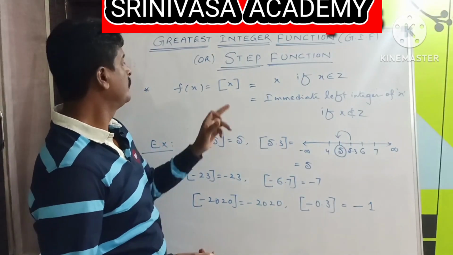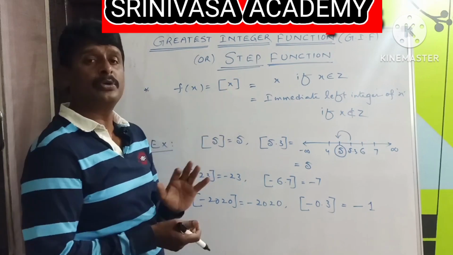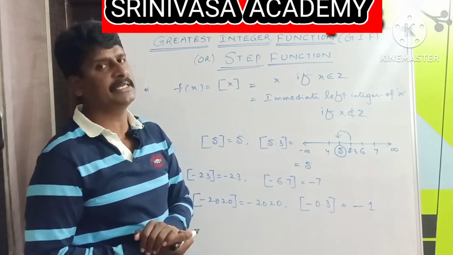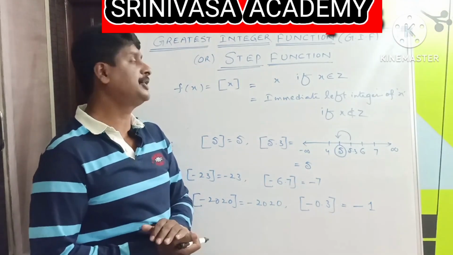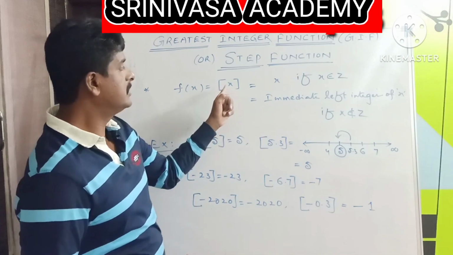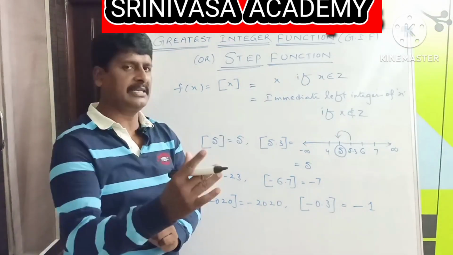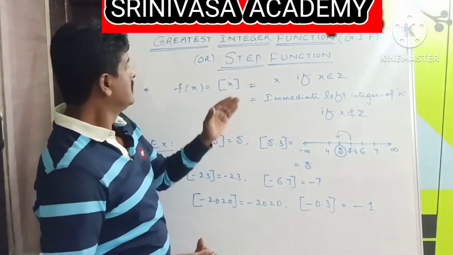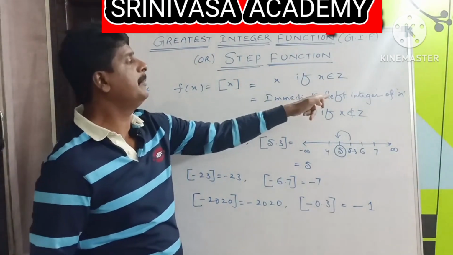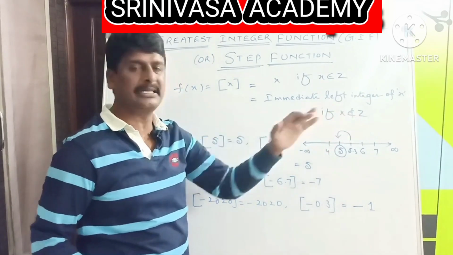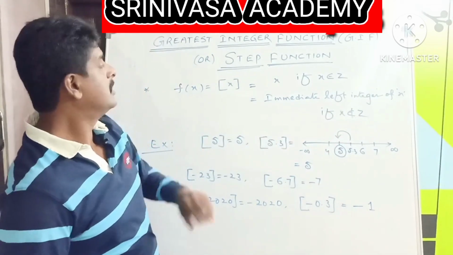Read as step x, and most of the people will feel difficult while defining a step function, but I would like to explain you in a simple method. That is, step x is equal to x as it is if x is an integer. Step x is equal to immediate left integer of x if x does not belong to Z.